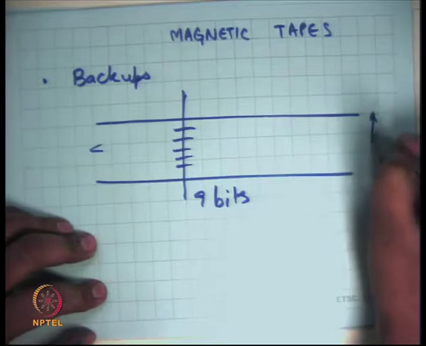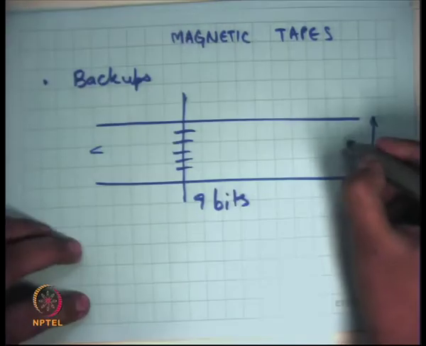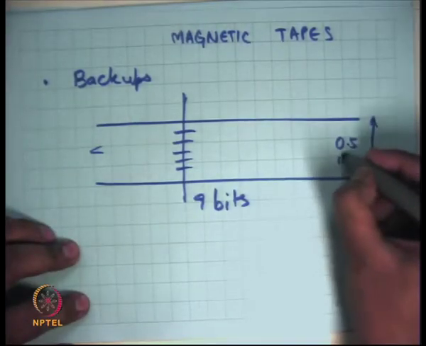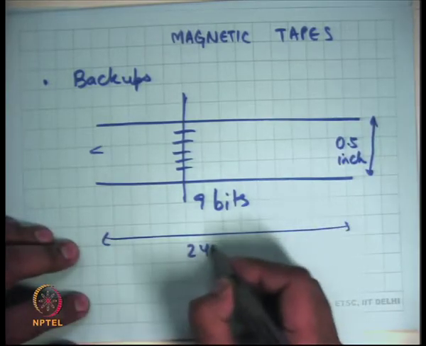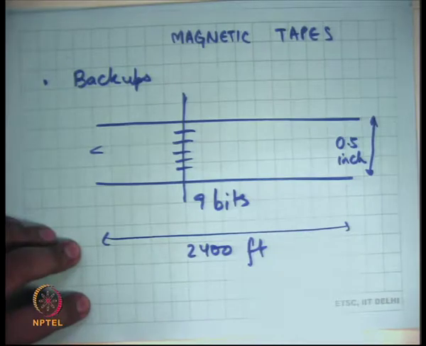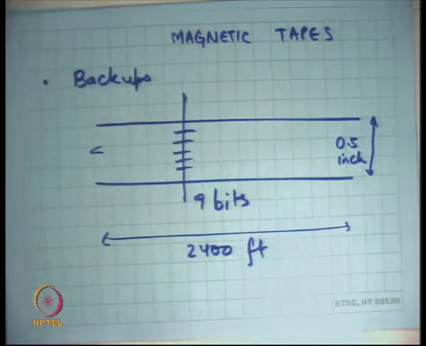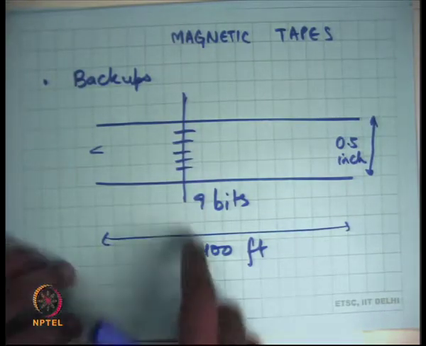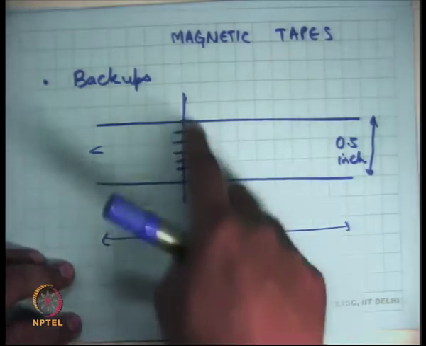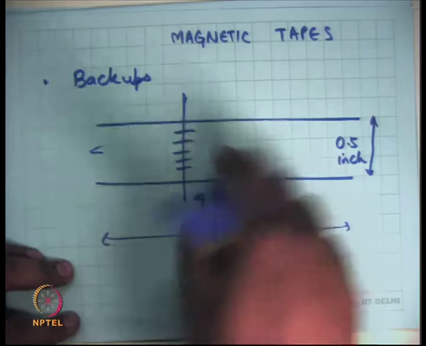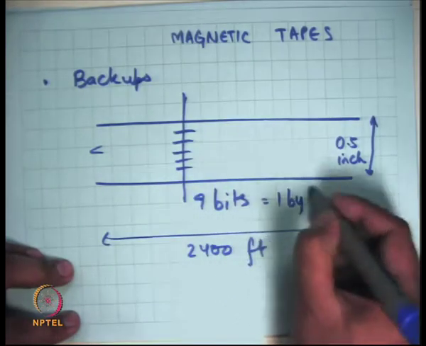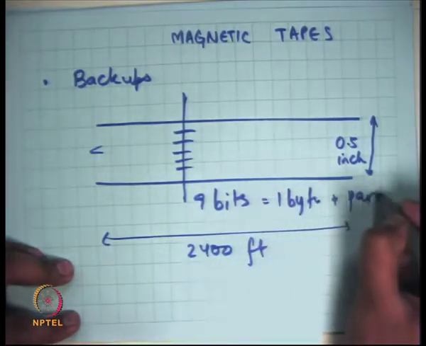It's roughly half an inch wide, and the length can be very large, 2400 feet, let's say, and each cross section of a tape will have 9 bits, which means 1 byte plus parity. That's how it's typically used.